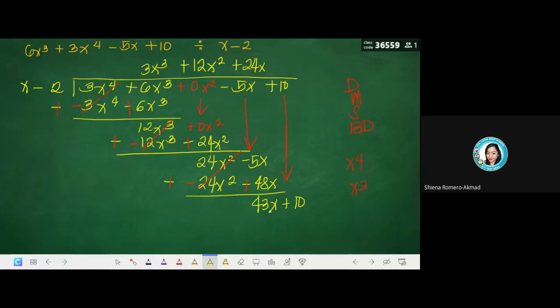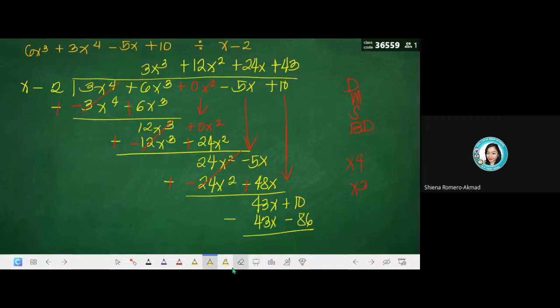So, minus lang tayo ng isa sa exponent ng x. So, mawawala na siya. 0 na yung exponent niya. Plus 43. Magiging answer natin 43 times x is 43x. 43 times negative 2 is negative 86.